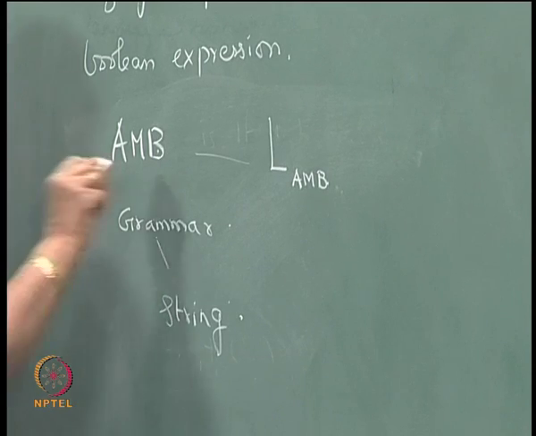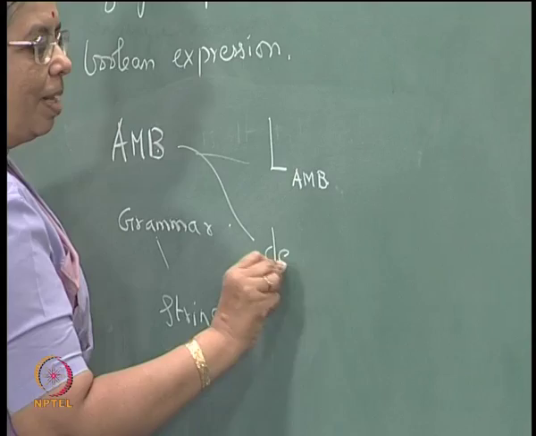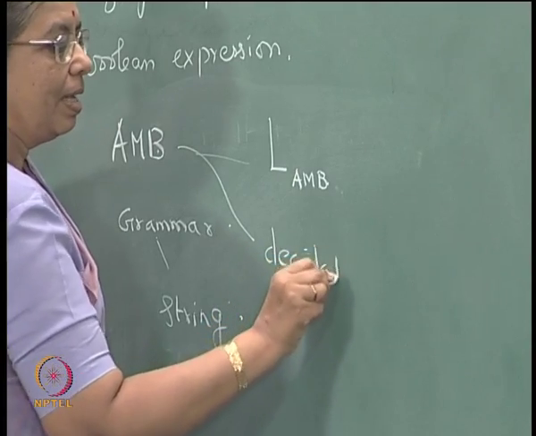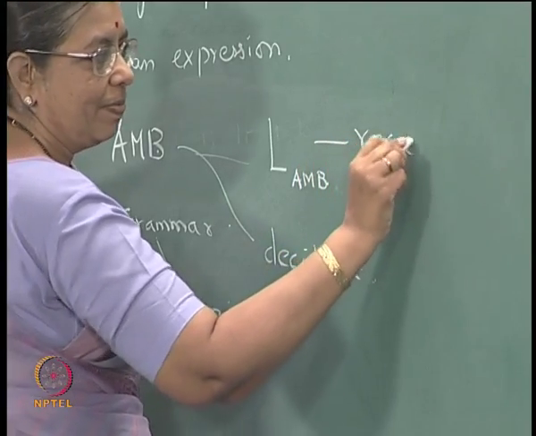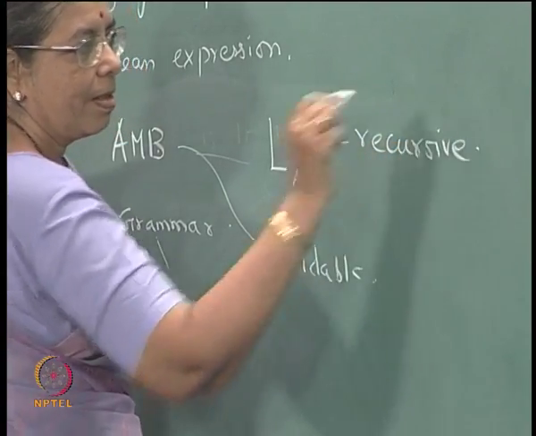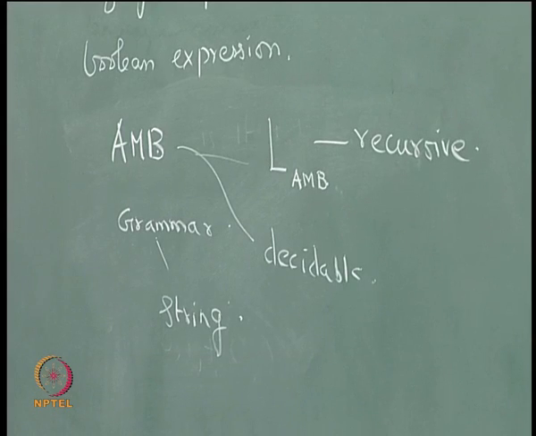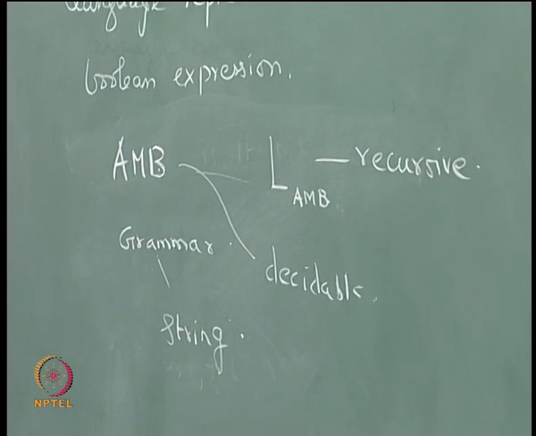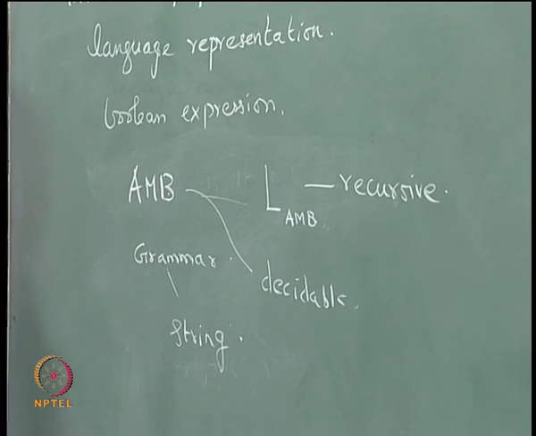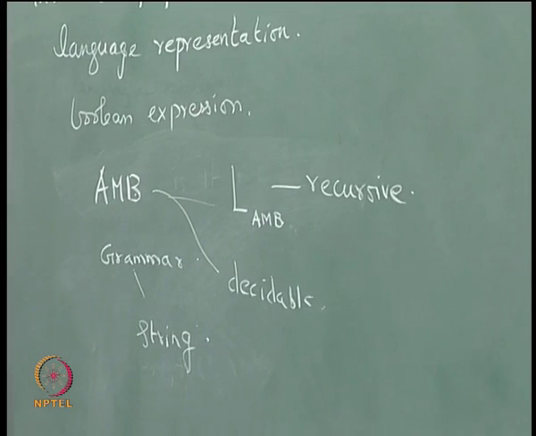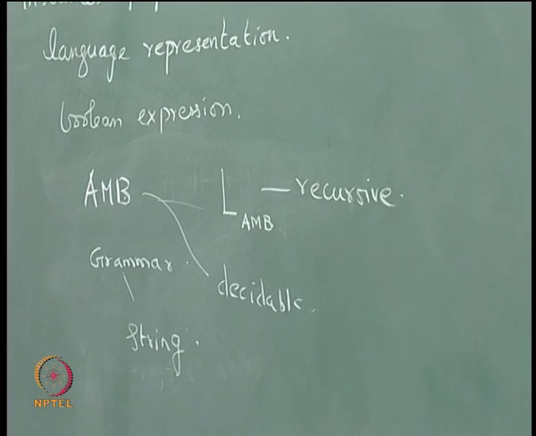Okay. Now, when do you say that ambiguity is decidable? When this language is recursive. It has to halt and say, when do you say that a language is recursive? It corresponds to a Turing machine which halts on all inputs, right.